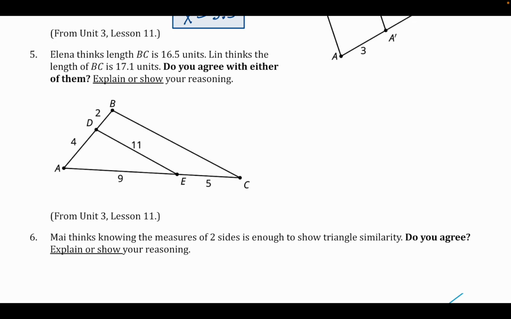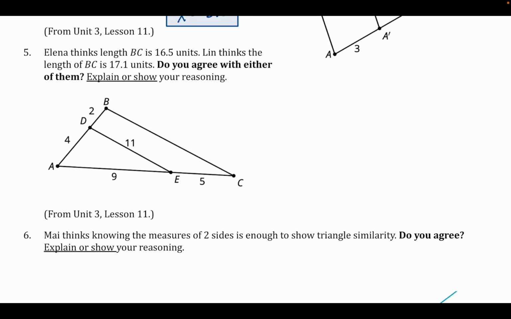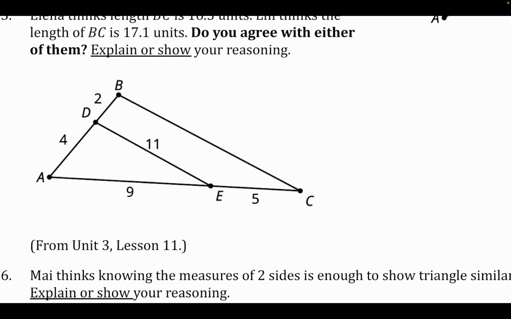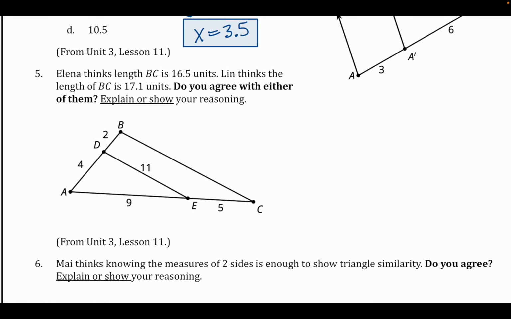Well, this is also a diagram from our previous homework. This is 4 and 2, which does not have the same proportion as 9 and 5. My guess is that either Elena or Lynn were using these sides as sort of proportions.